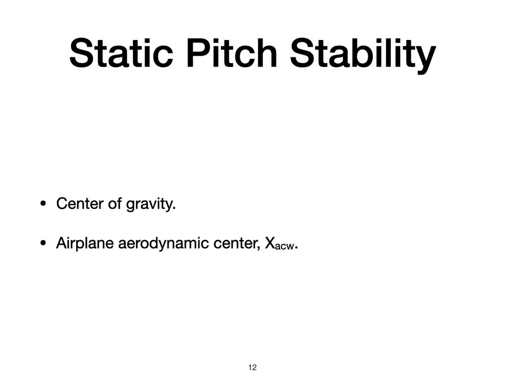Current fighters typically have a positive static margin of about 5%, but new fighters such as the F-16 are being designed with relaxed static stability, RSS, in which a negative static margin is coupled with a computerized flight control system that deflects the elevator to provide artificial stability, and this also reduces trim drag greatly.